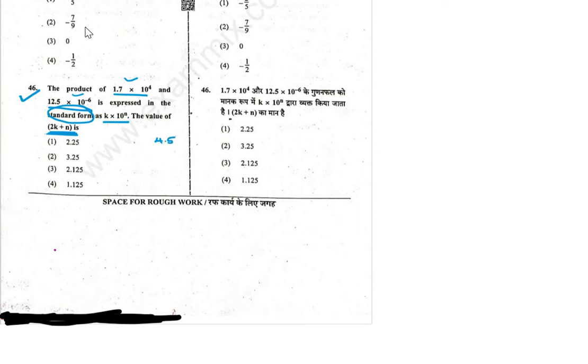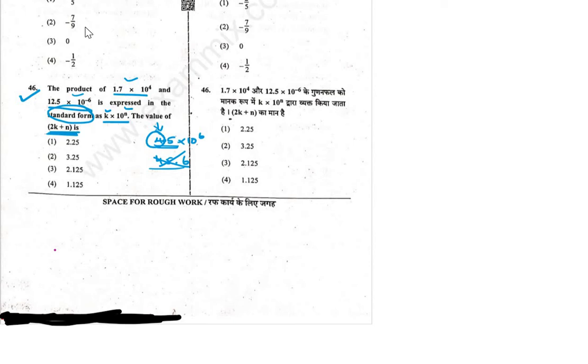Suppose 4.5, for example, is standard form; 45.6 is not a standard form. So first multiply these two and write in standard form, find the values of k and n, and then find 2k plus n.